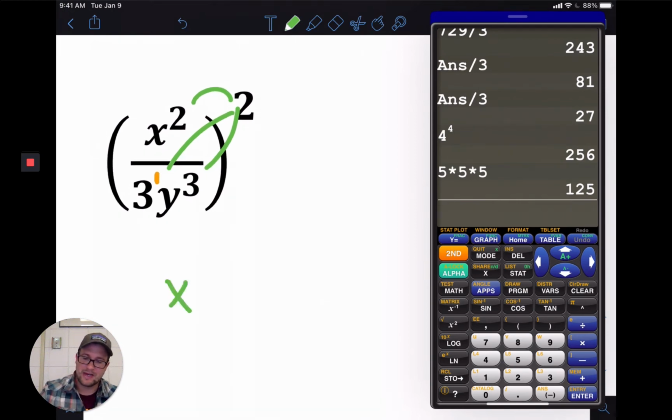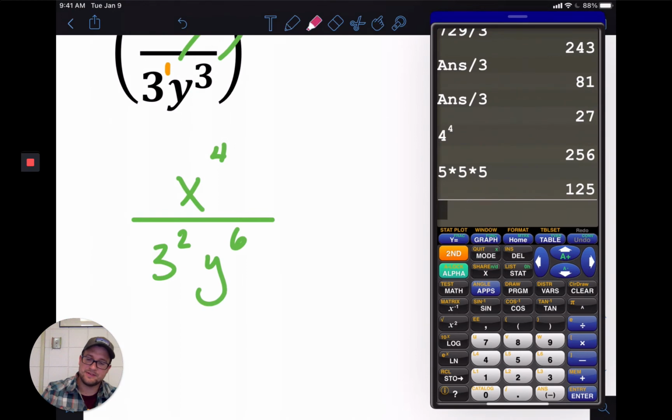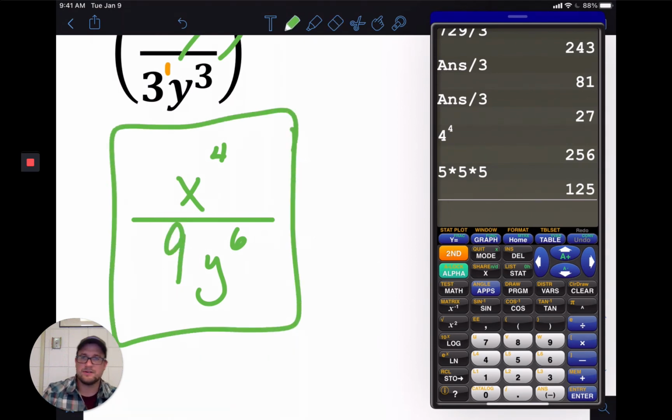So we are going to have x to the fourth, 3 to the second, and y to the sixth. Looking at that, I can only see one thing that needs to be simplified. I have 3 to the second, and maybe that is better stated as just 9. So let's change 3 to the second to 9, and we are done with that problem.